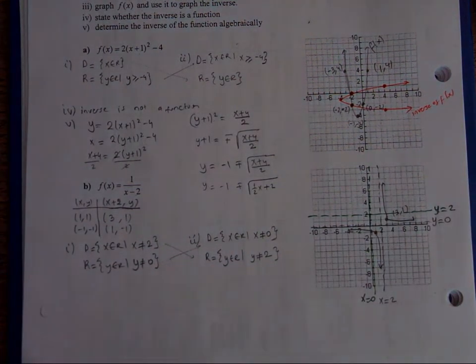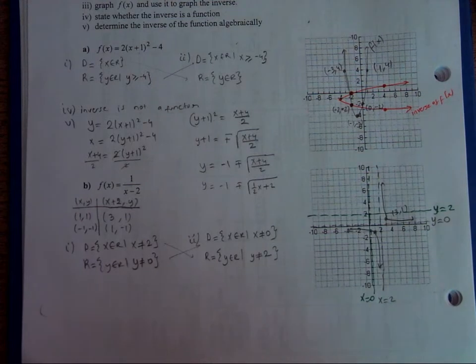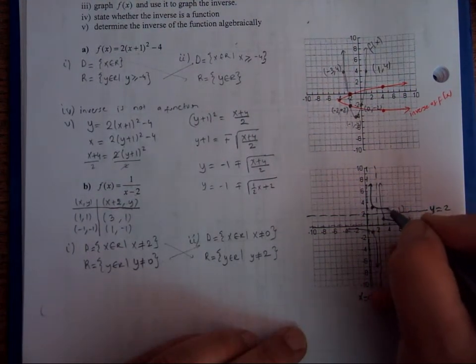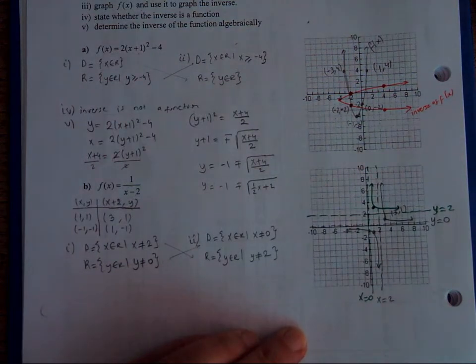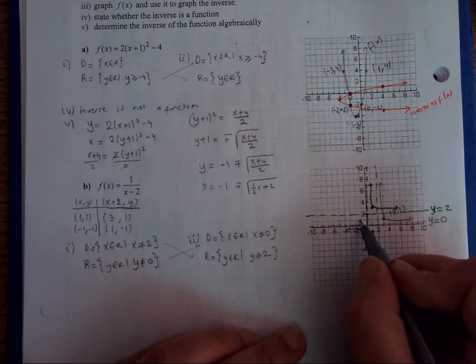Okay. Now let's take the points. 3, 1 becomes 1, 3. The other point was 1 and negative 1, that becomes negative 1 and 1.